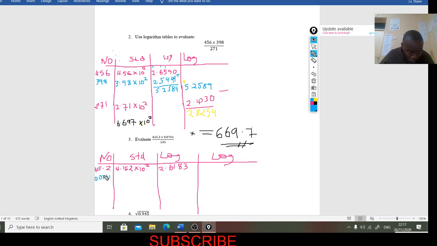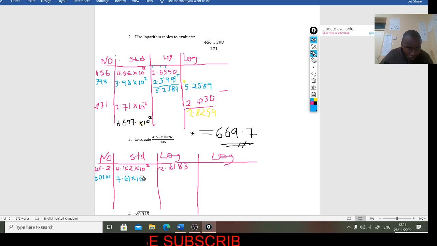I move 2 steps, and the first whole number here, which is 7, is significant. So it will be 7.61 times 10 raised to power negative 2.